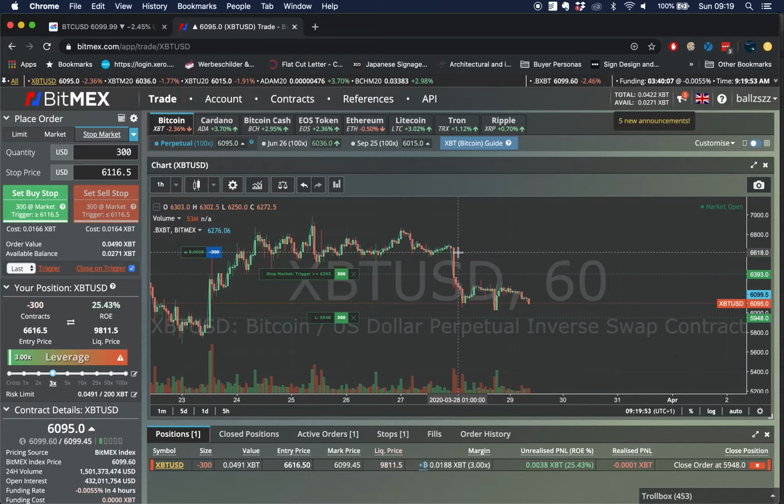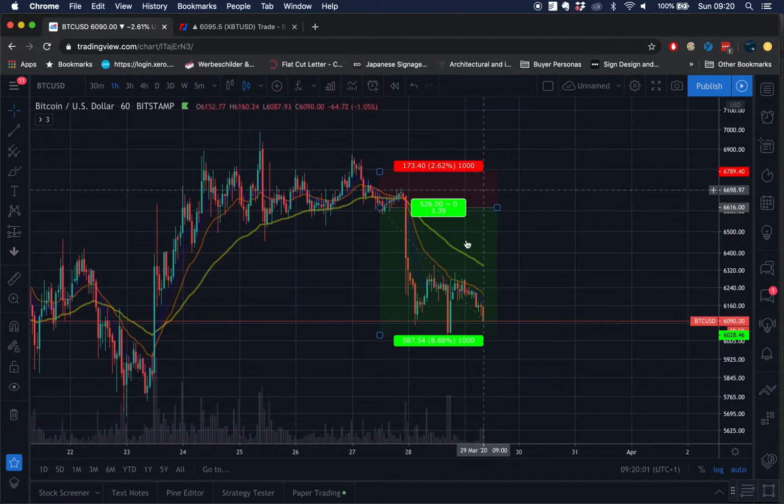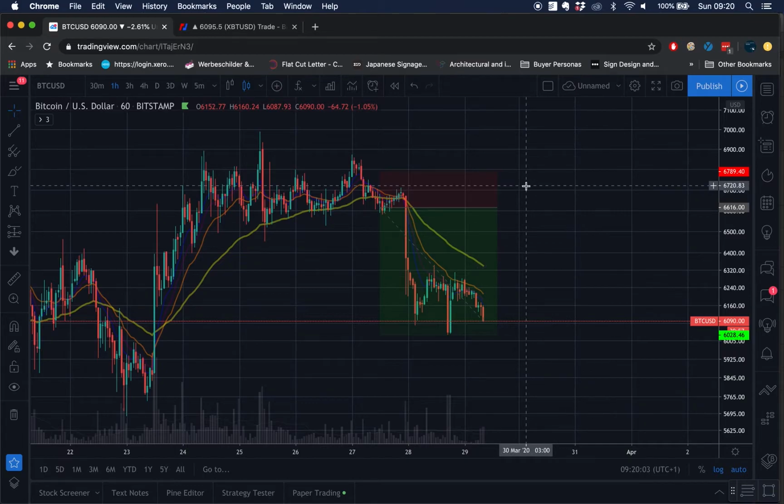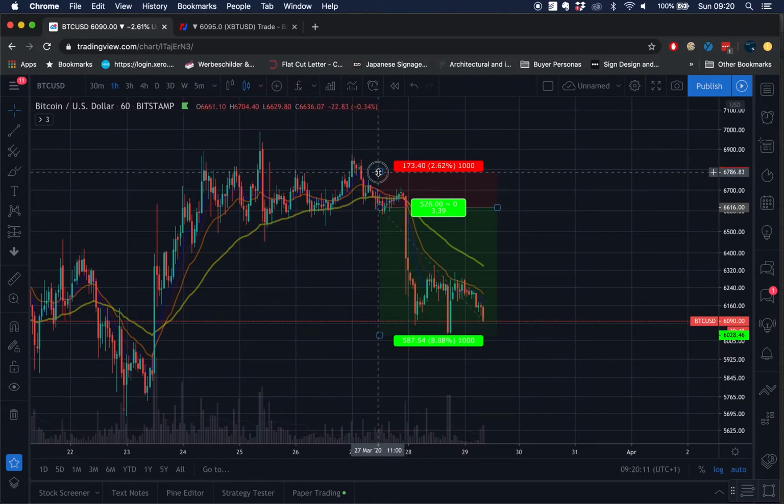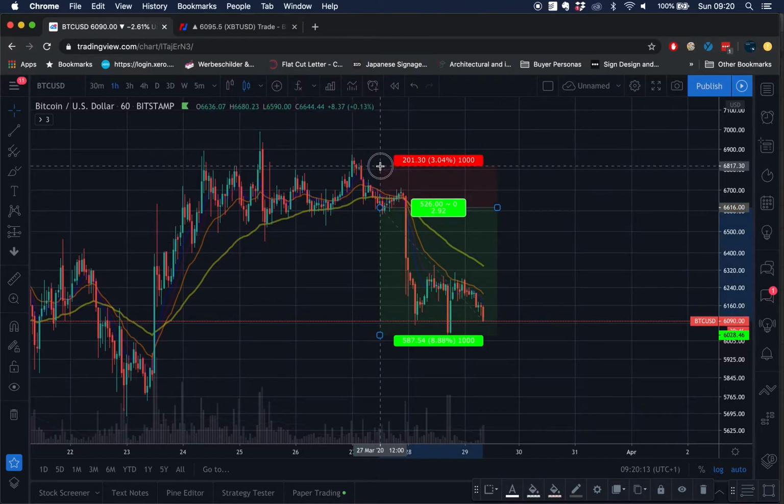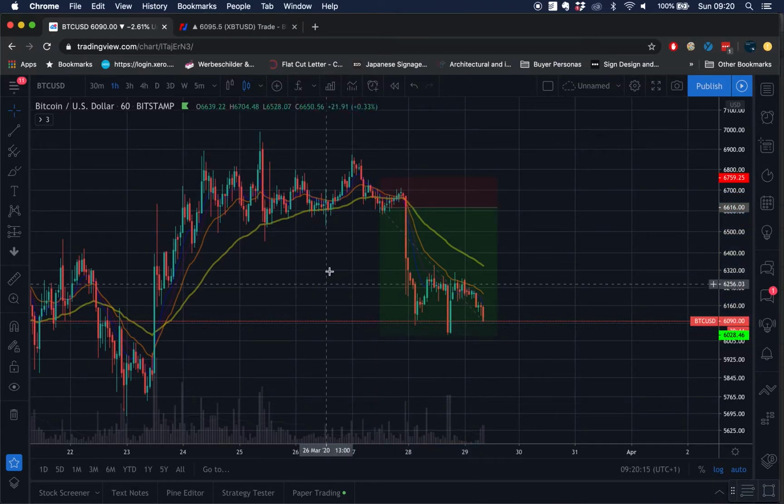This would be my entry, but I've actually set my stop market to here, which looks very different to this. The reason why I've left this as it is, is that I have this as an indicator of what I've actually taken. I can't change this; it won't allow me to go below. So it's just there as a reminder of what trade I'm currently in at the minute.